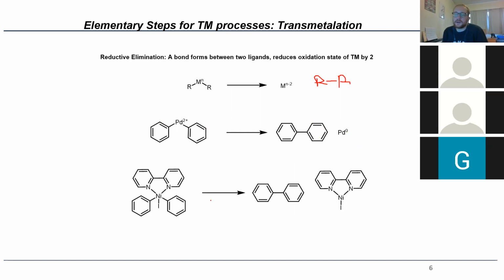We also had that nickel complex earlier, so this is nickel(III), and it can reductively eliminate to give nickel(I) and a biaryl. The important things here are that this is normally the last, terminating step of our catalytic cycle of these cross-coupling processes, and the bond-forming step, and they result in a change in oxidation state from 3 to 1.